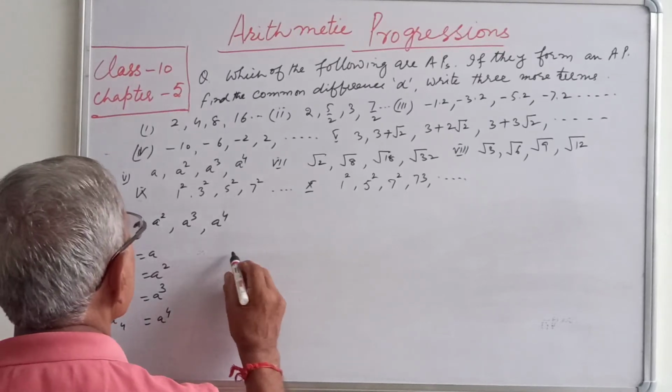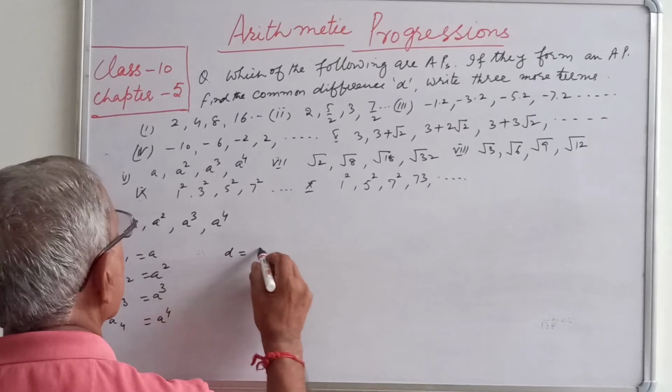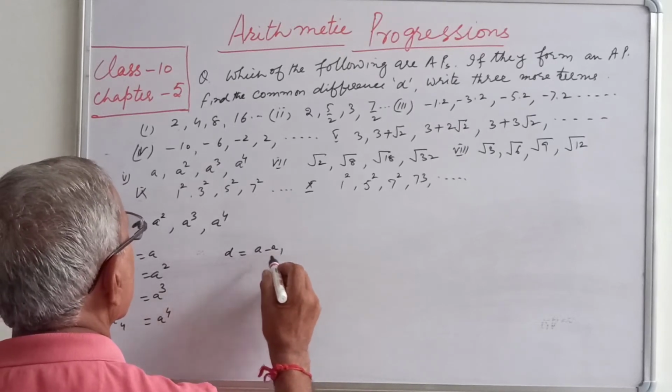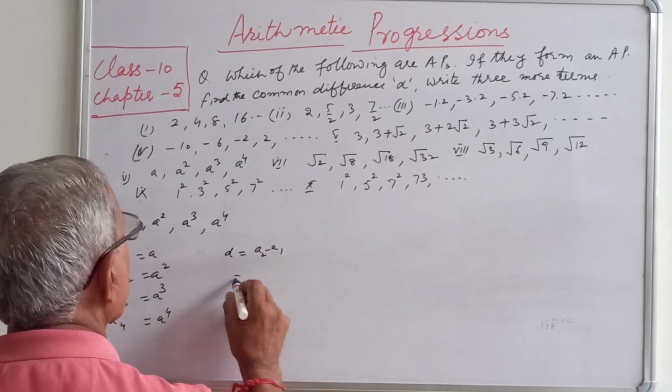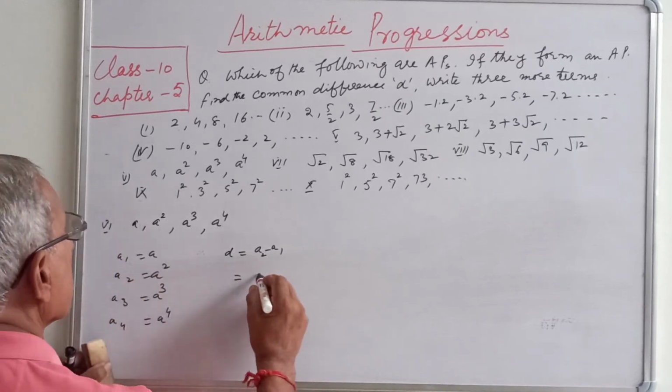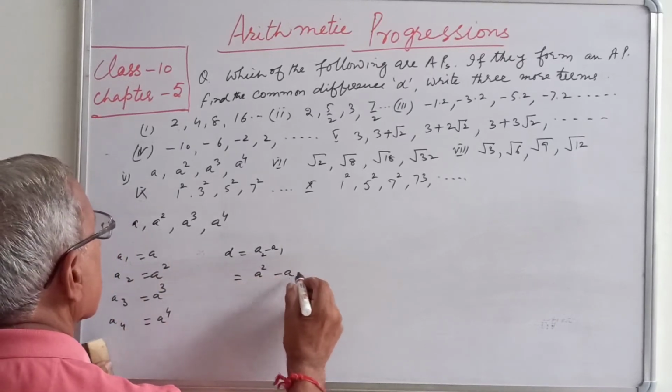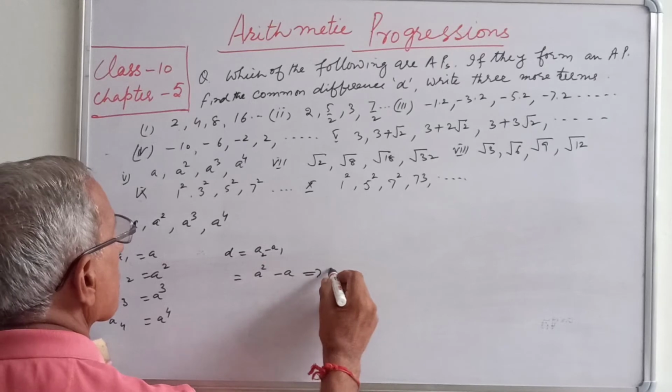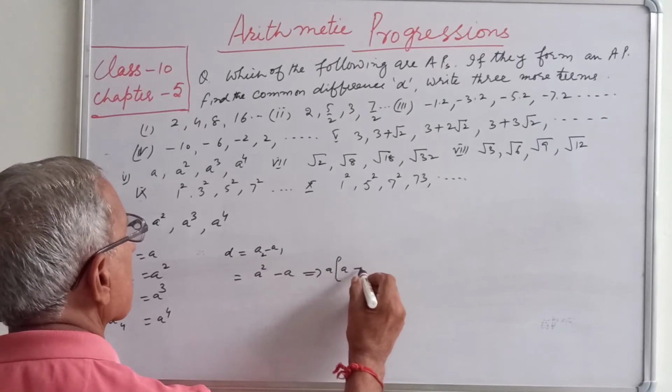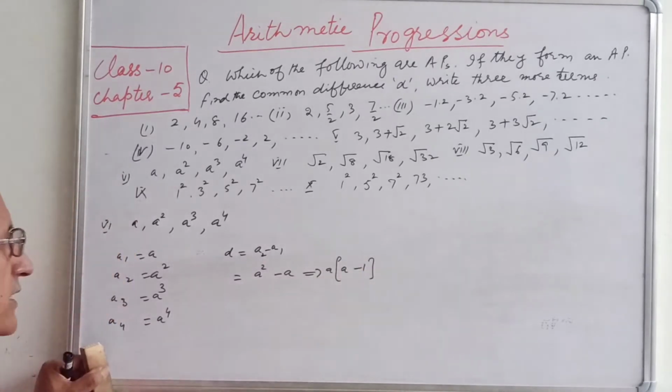The difference A2 minus A1: A2 is A square minus A. So A common, A into A minus 1 is the difference.